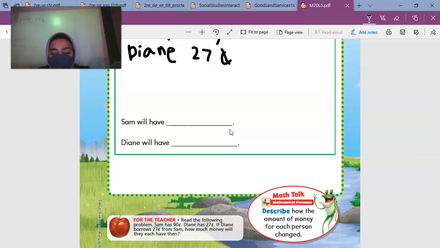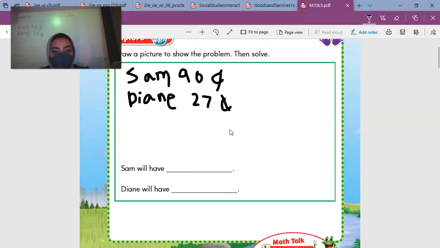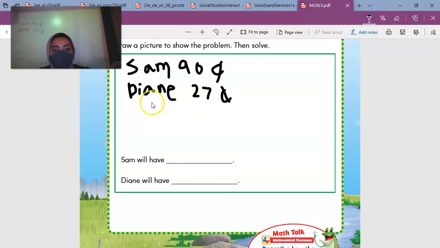If Diane borrows 23 from Sam, how much will they each have? So Diane borrows 23 cents from Sam. So Sam gives her 23 cents. So let's see how much money Sam will have first. So if Sam had 90 cents and gave Diane 23 cents, what is 90 take away 23?